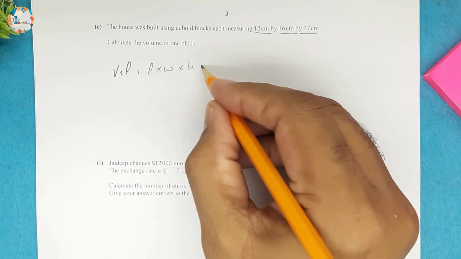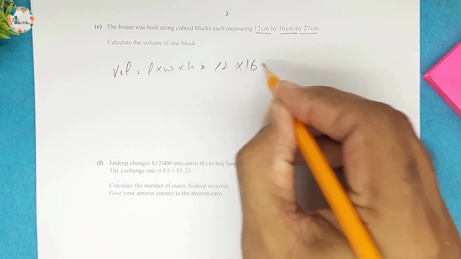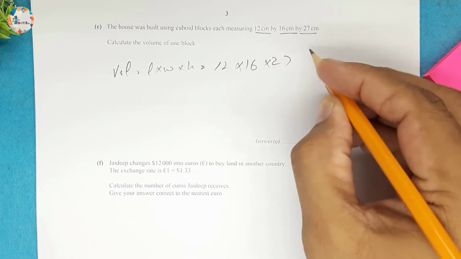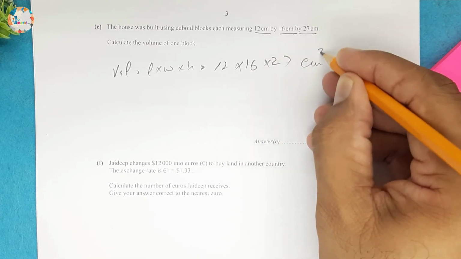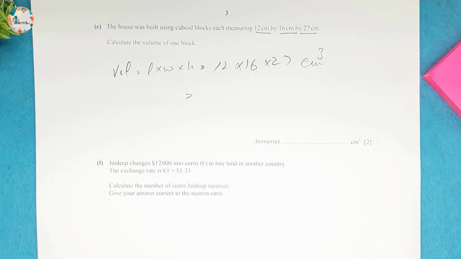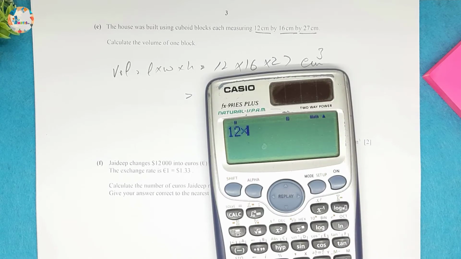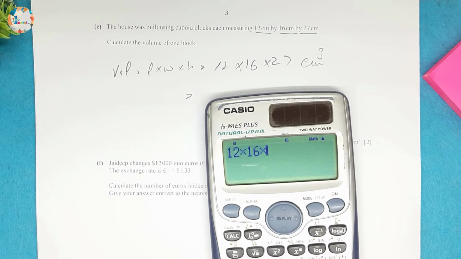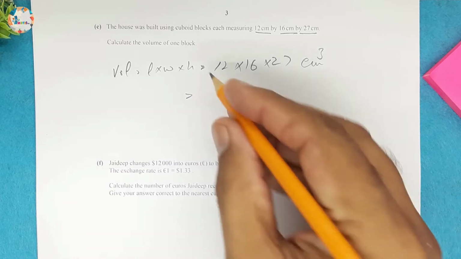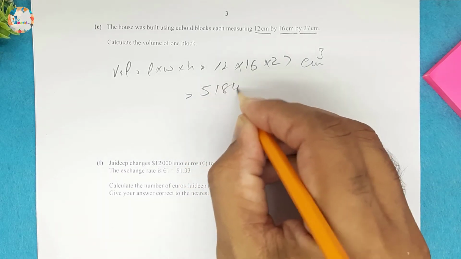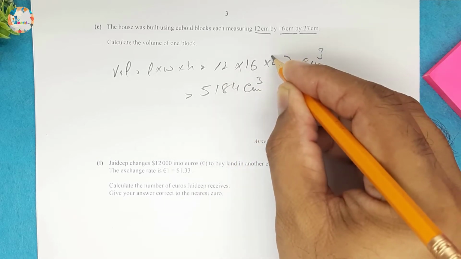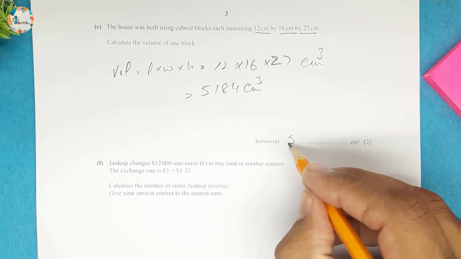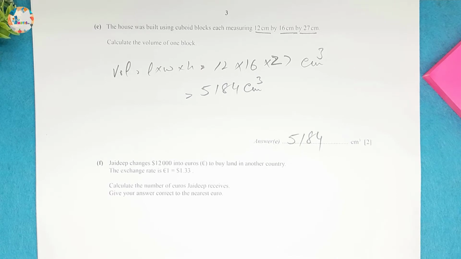So this will be 12 into 16 into 27, in centimeter cube. And if we multiply this, it comes to 5184. So 5184 centimeter cube will be our final answer for this part.